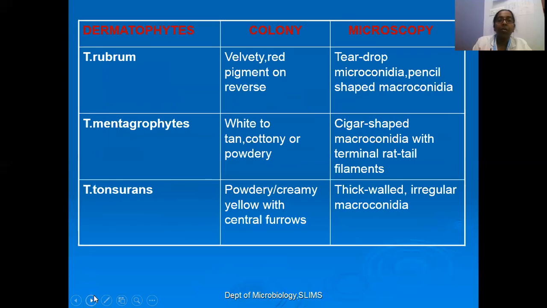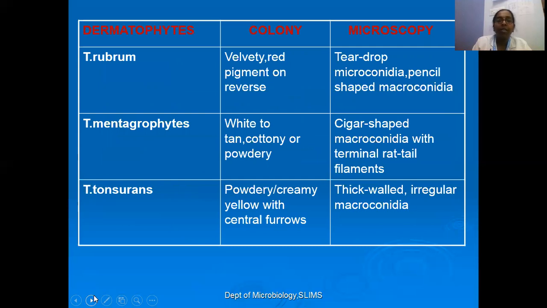If you see the colony morphology, Trichophyton rubrum is velvety with red pigment on the reverse. That's why the name is rubrum. It has teardrop microconidia and pencil-shaped macroconidia.